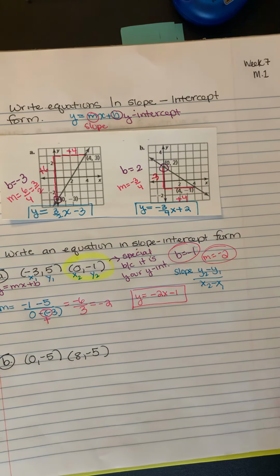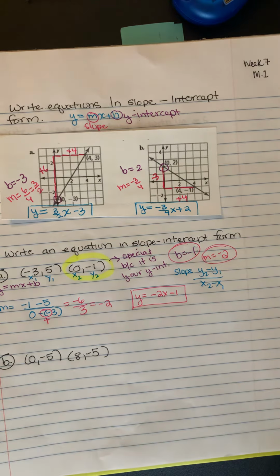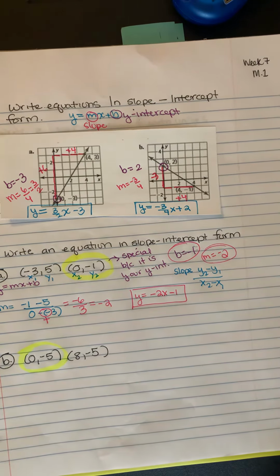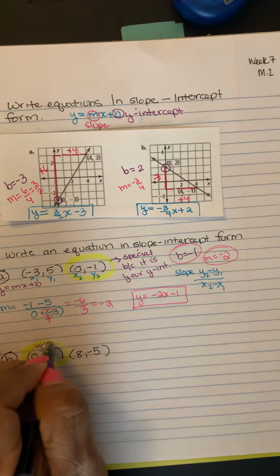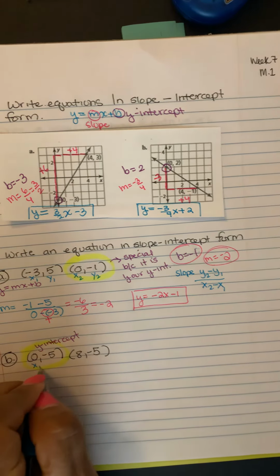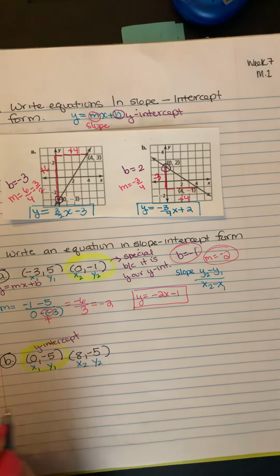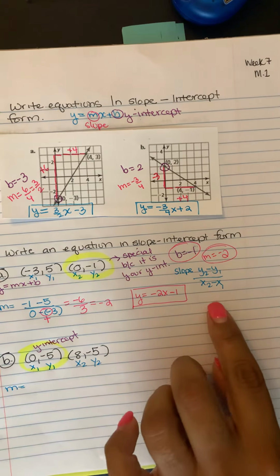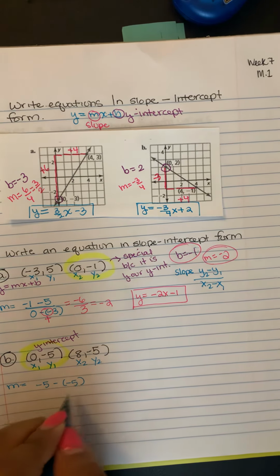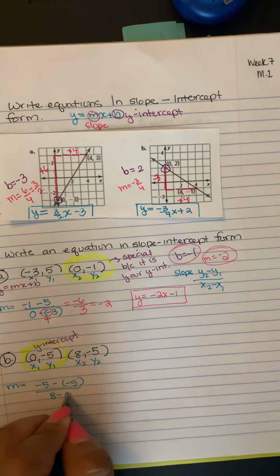I know it's all over the place, and the next problem I can kind of organize it, but that's the process, okay? Again, sometimes you want to look at these points. This is special because it is my y-intercept. Remember, we need to find our slope. So label x1, y1, x2, y2. Again, we're putting it in that formula. So it's going to be -5 minus a -5 over 8 minus 0.